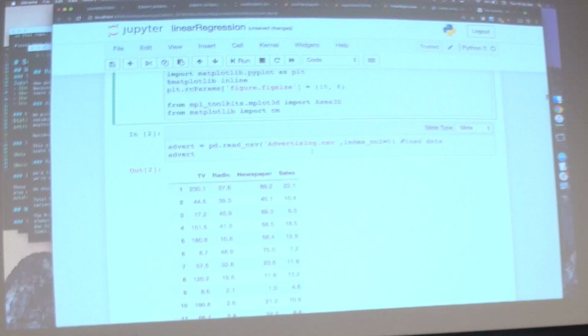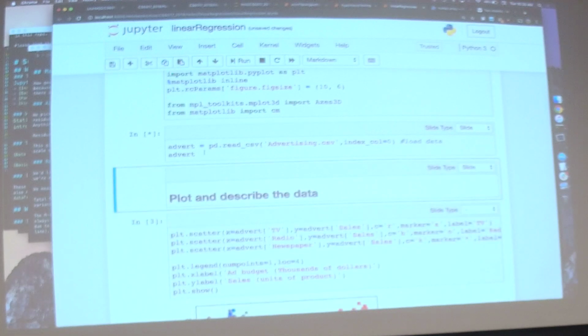Cool. So we have this data. We have this advertising data, and it is basically for a bunch of ad campaigns. It says how much people spent on various forms of media and then what their sales were.